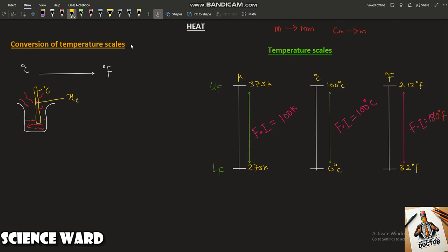This thermometer is not going to read X. Let's say it's going to read Y. I'm going to use another color here, which represents another thermometer graduated in the degree Fahrenheit scale, and it reads its own temperature to be YF.